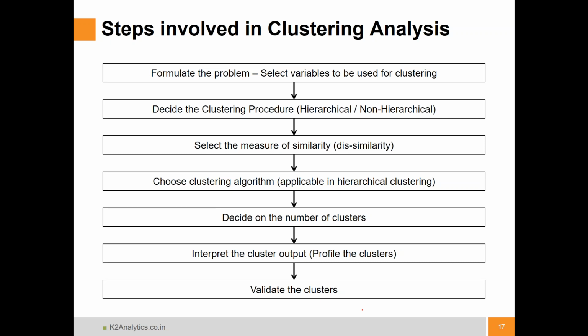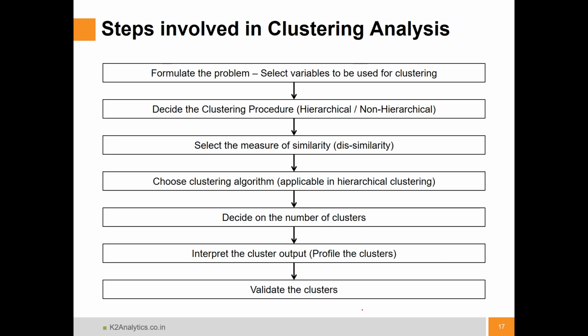The fourth is what algorithm. This specifically comes into the hierarchical clustering step. We'll see that at a later stage. The fifth is how many clusters you want to create. I've given you store segmentation, 100 stores. Of those 100 stores, do you want to create 3 segments, that is 3 clusters, or 4 clusters, or 5 clusters?